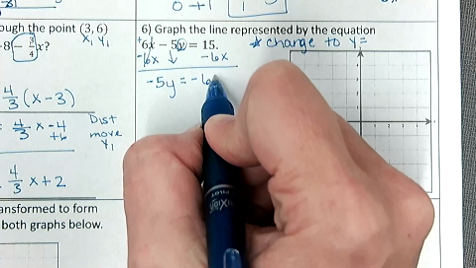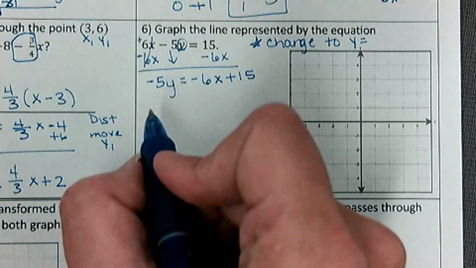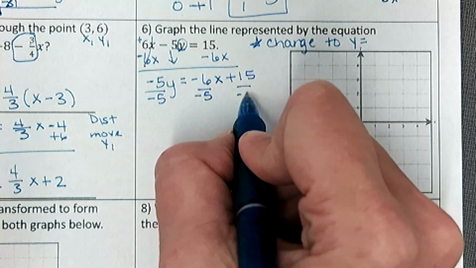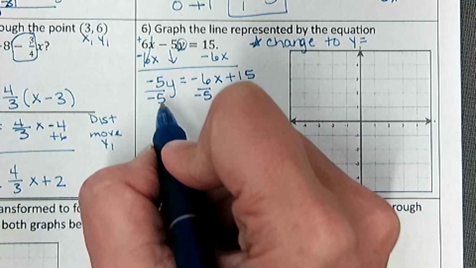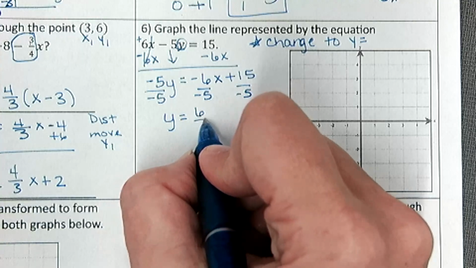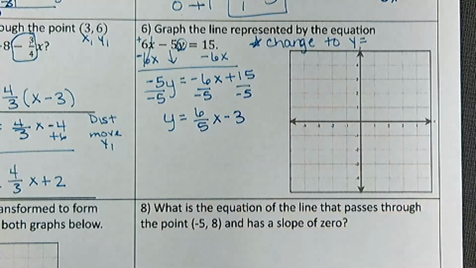A lot of people do great work here and they forget their sign and it messes everything up. Last step is to divide everything by that negative 5. We want this y alone and positive, so it needs to be a negative divided by a negative. To get that positive, positive 15 divided by negative 5 is negative 3.